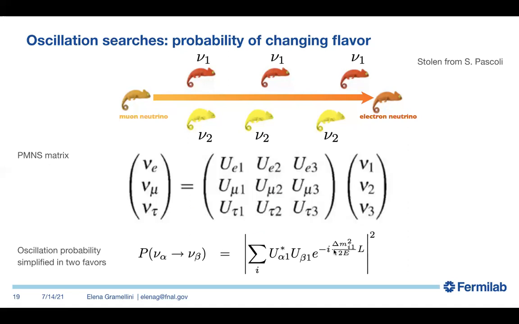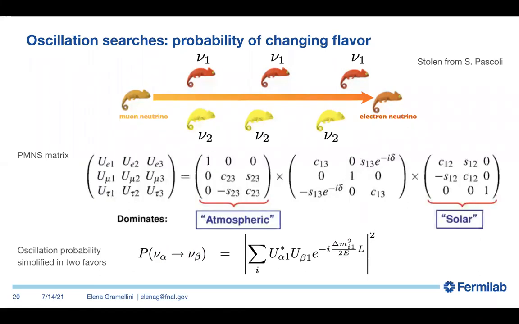The parameters that you care about are the energy of your neutrinos and the baseline, so the length between the point of production and the point of detection.